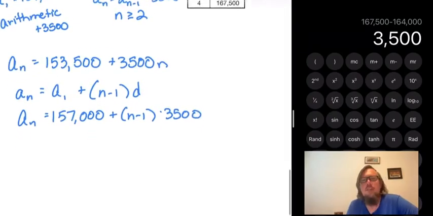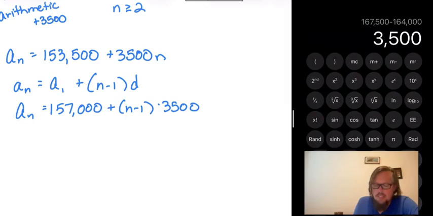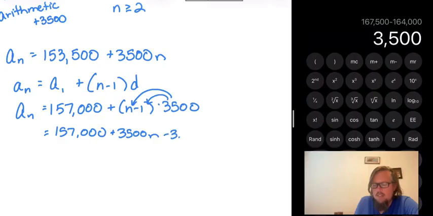You are never going to believe what this turns into once you simplify using the distributive property. 3,500 times n is 3,500 n minus 3,500, and turns out 157,000 minus 3,500 is 153,500 plus 3,500 n.